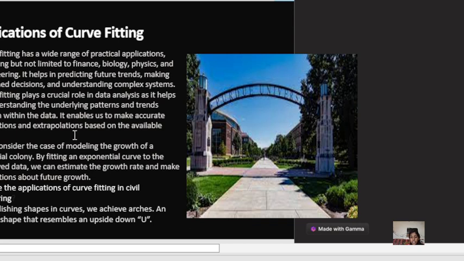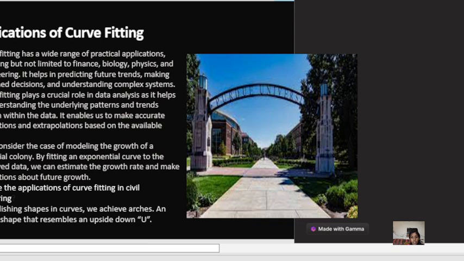It helps in understanding the underlying patterns and trends hidden within the data. It enables us to make accurate predictions and extrapolations based on available data. One example I could give is that by fitting an exponential curve to the observed data of a bacterial colony, we can estimate the growth rate and make predictions about future growth.